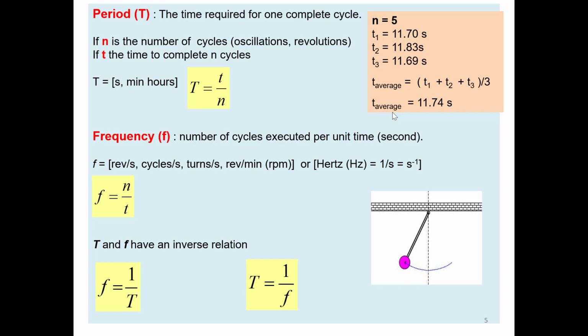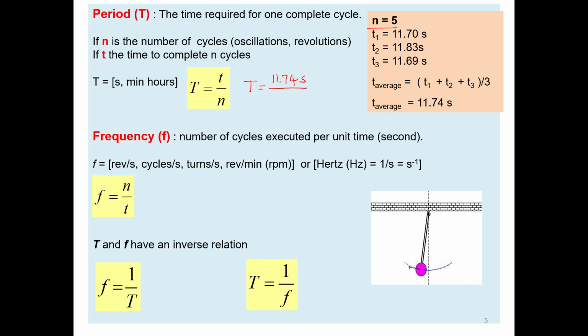Then, I want to calculate the period. What is the time for one complete oscillation for this pendulum? Then what we need to do is divide the average time, which is 11.74 seconds, by the number of cycles.